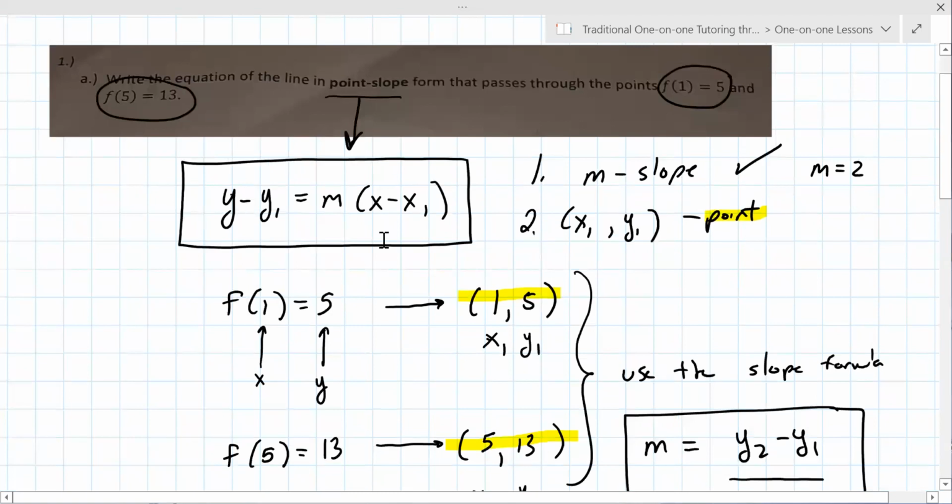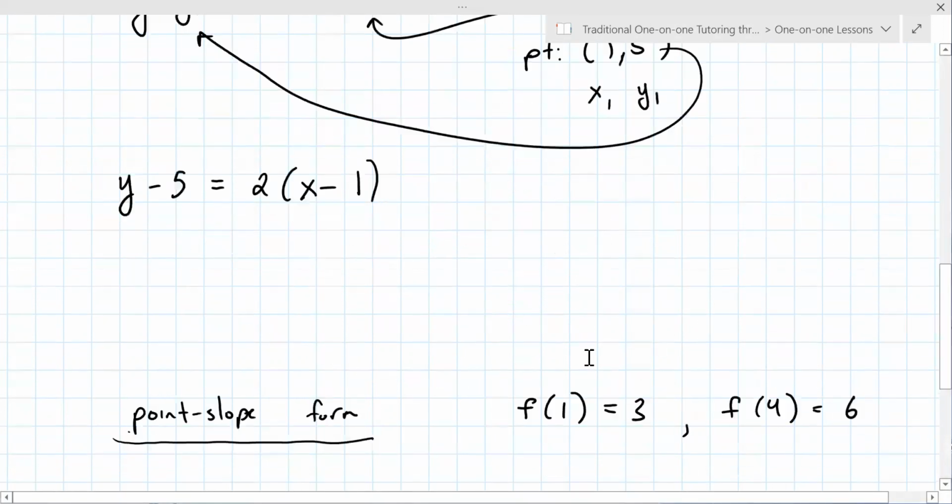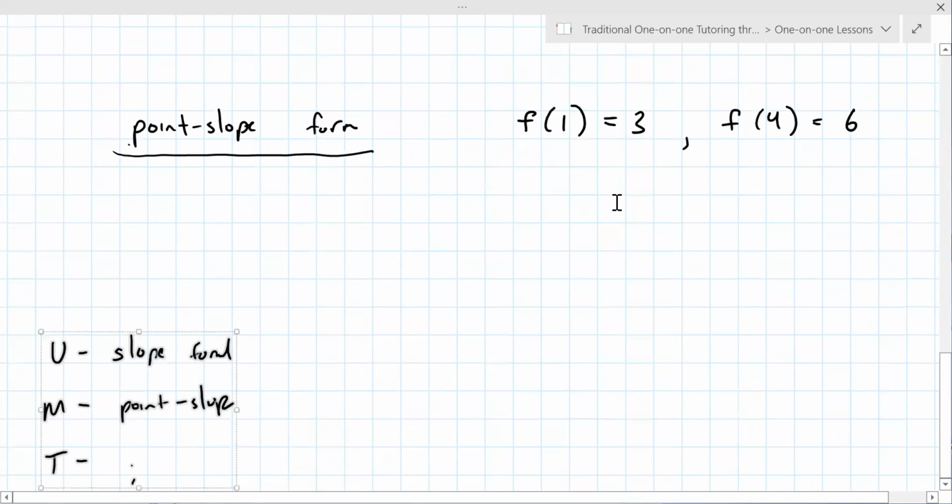This is point slope form. Okay. Got it? Can you read it to me? y minus y1 equals m, parenthesis x minus x1. Y1, that subscript's really important.